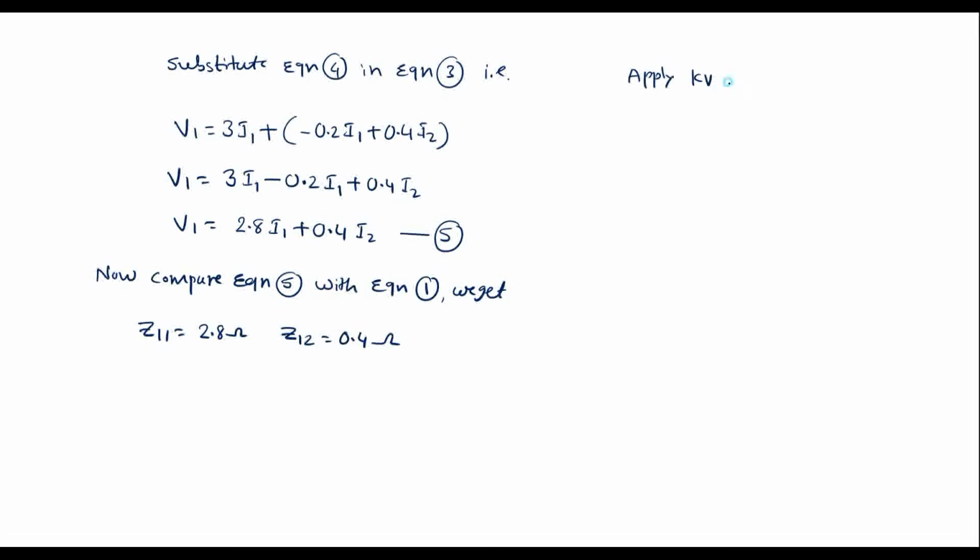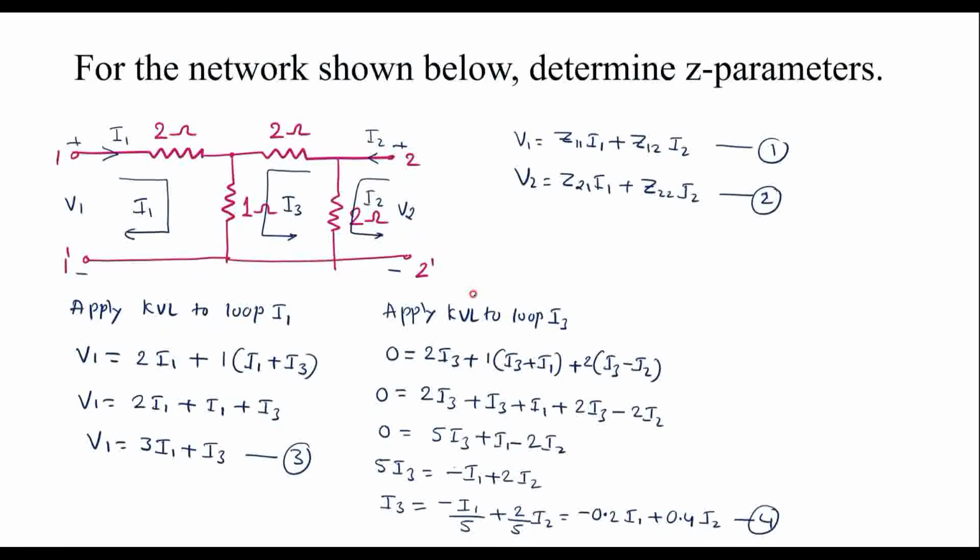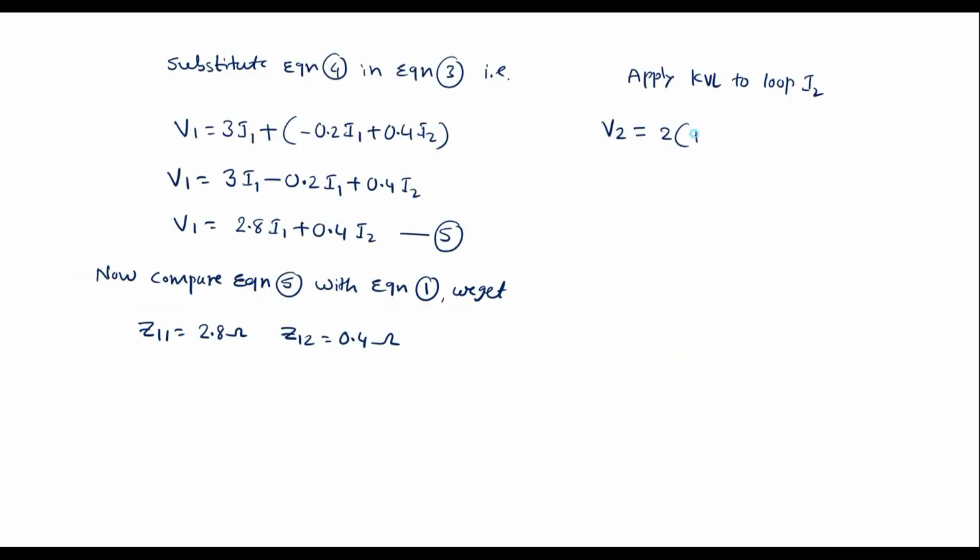Apply KVL to loop I2, that is V2 is equal to, we have the voltage drop across the 2 ohm resistor, which is 2 into (I2 minus I3), that is V2 is equal to 2I2 minus 2I3.